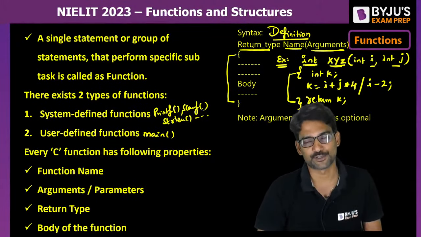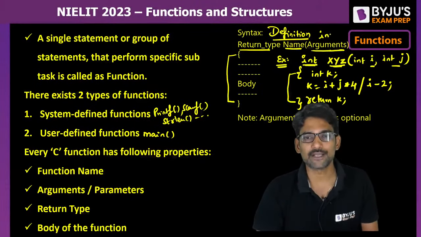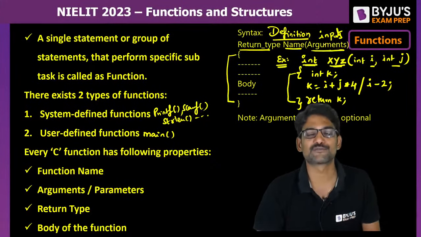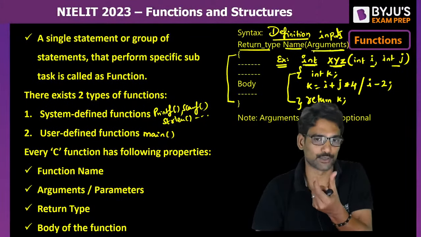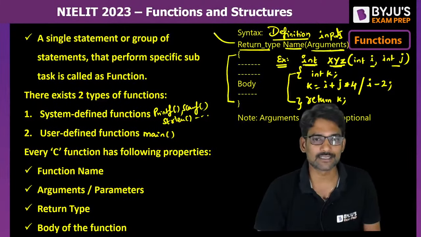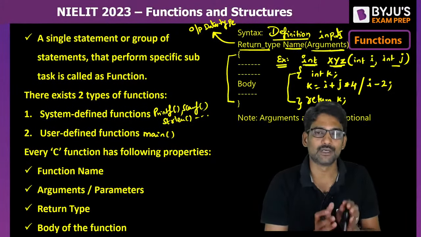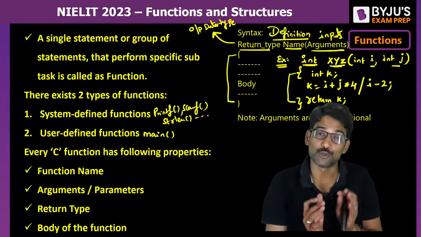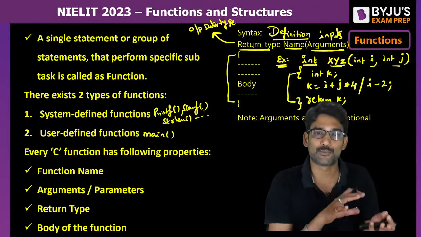So what are arguments? Whenever we want to avail this function's services, what inputs you have to give to this function, that is what is specified in the arguments. And what is the output type? What kind of output will you get? Do you get a whole number as output? A character? A float real number? Or some pointer, some address?